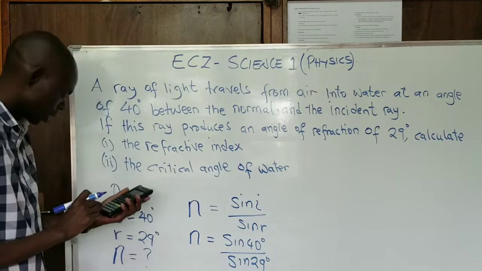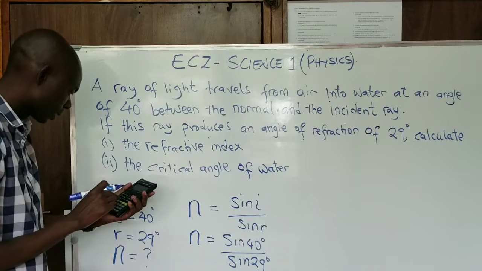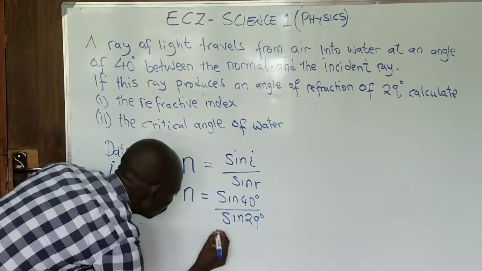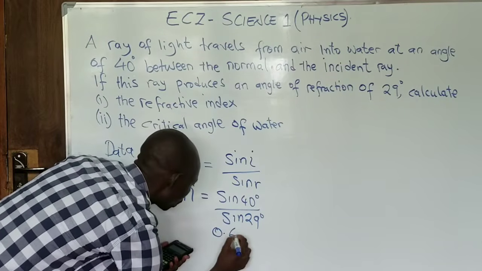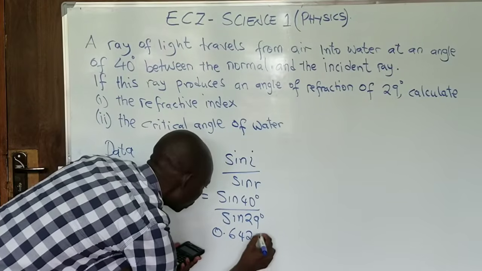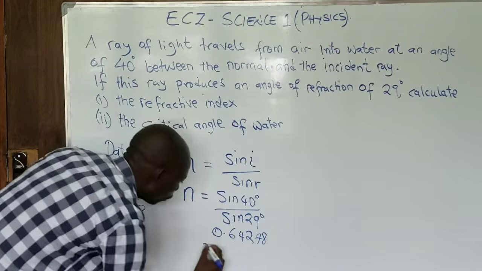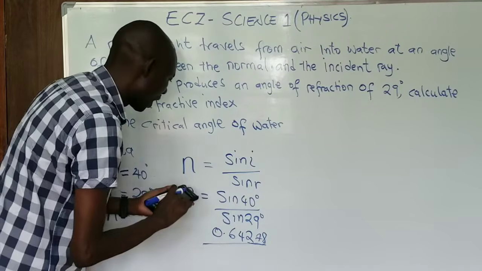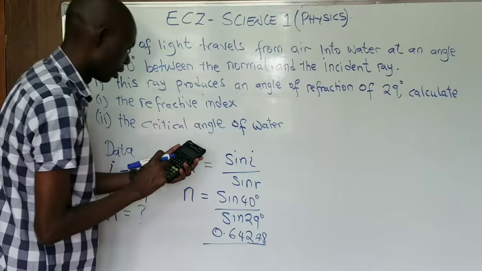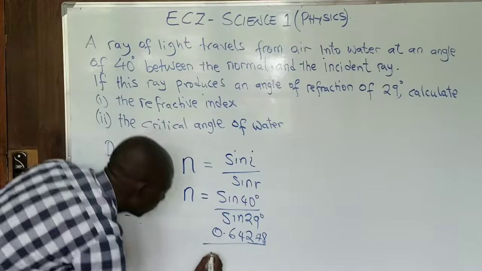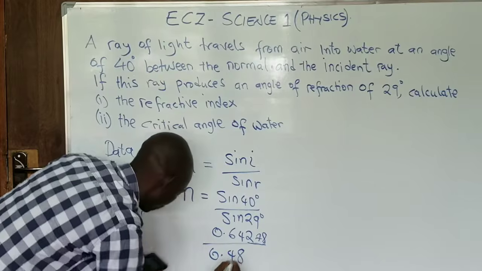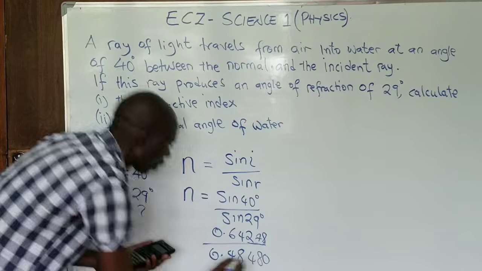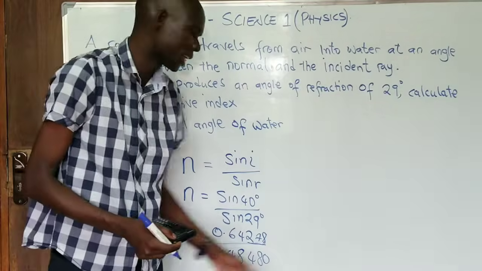Sine 40 is 0.64278, over sine 29, which is 0.4848. Of course, there are some other numbers that are left out.